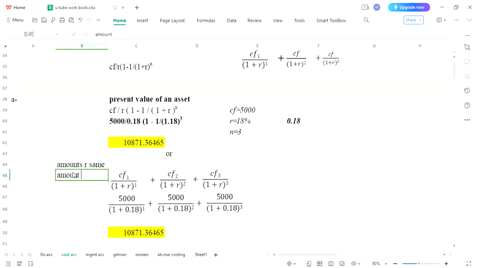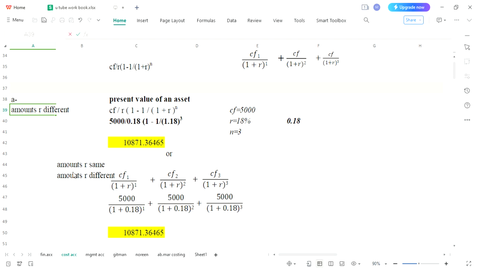Amounts are different, but in this case you will use amounts are different only.